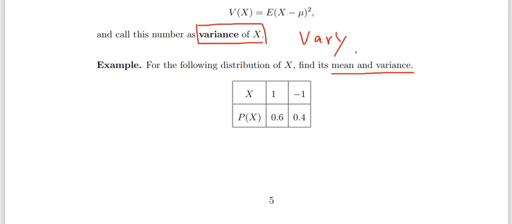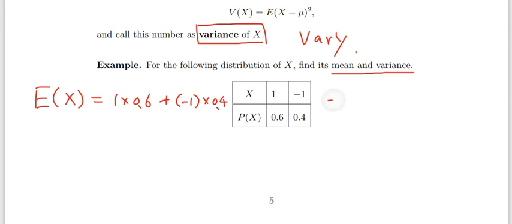So this is just some calculation according to the definition. Let's say x is the mean. We can understand expectation E as average. So x can be 1 and negative 1. So the average, according to the definition, equals x can be 1, multiplied by the probability for taking this number, probability 0.6, plus x can be negative 1, multiplied by the probability for taking this number.